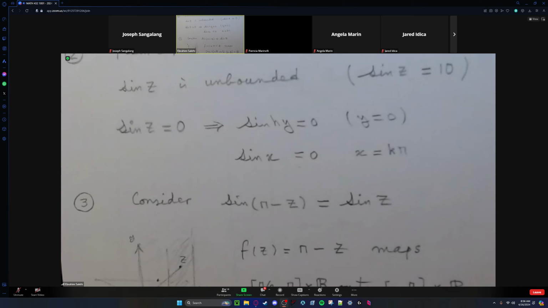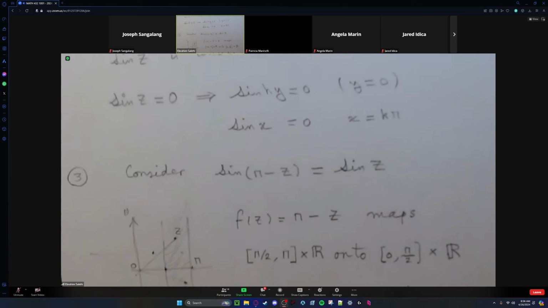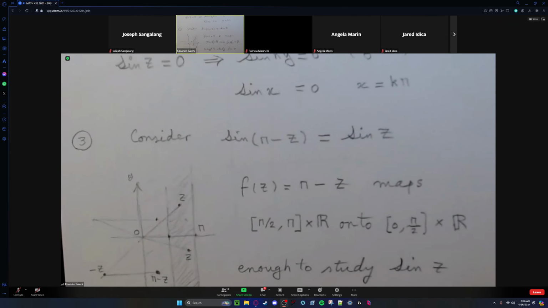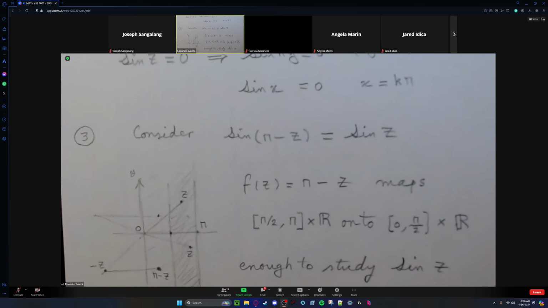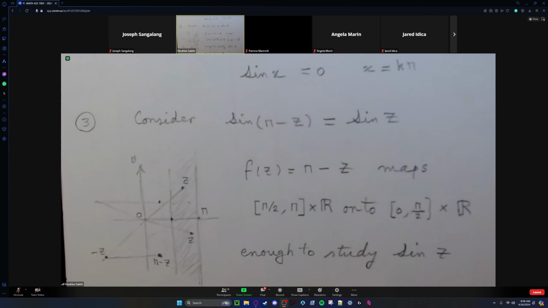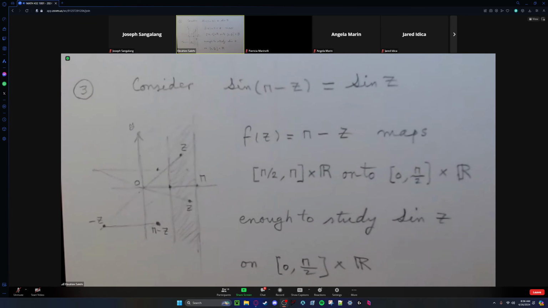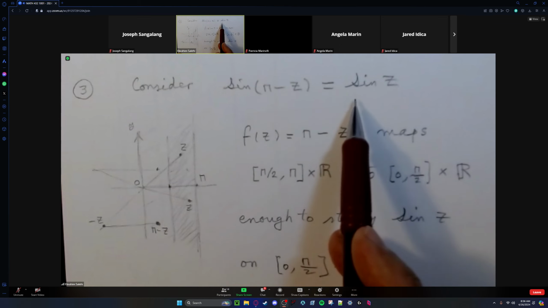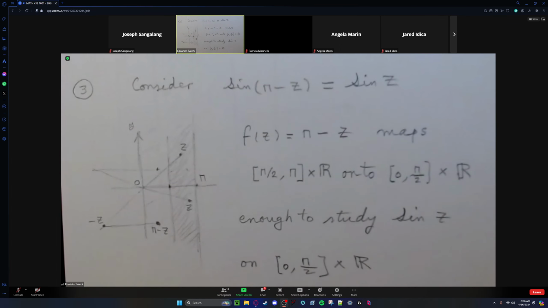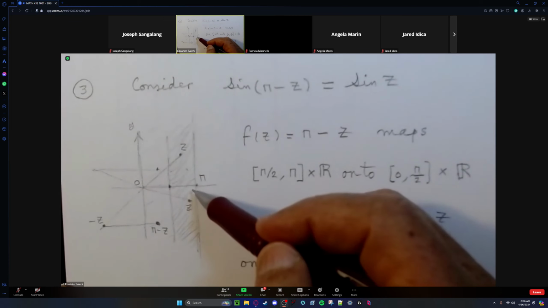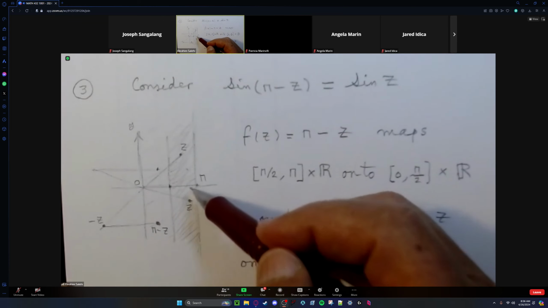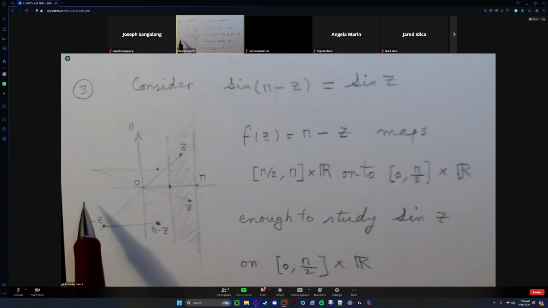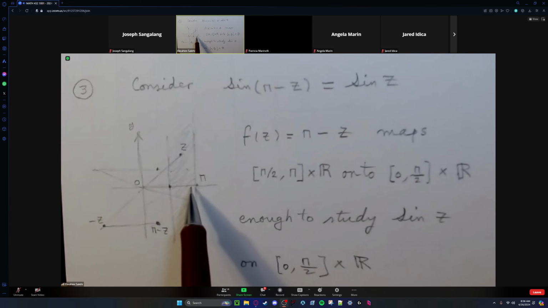Here is an analysis of this very innocent-looking identity when it comes to mapping. I told you it's enough to check the behavior of sine z when x is between negative pi and pi.